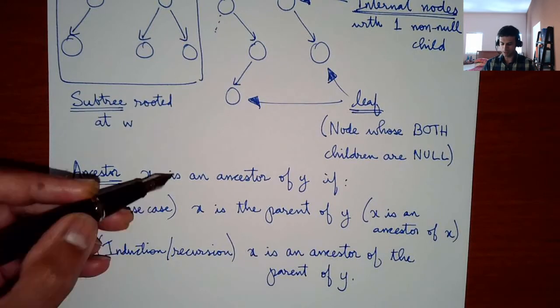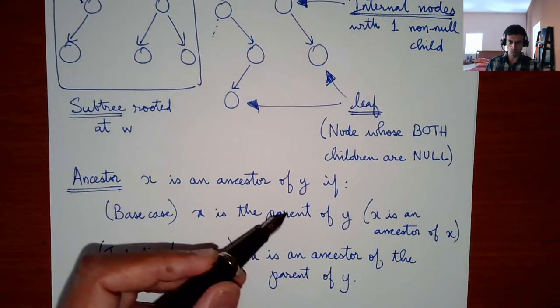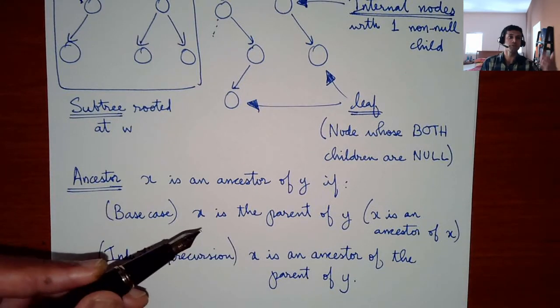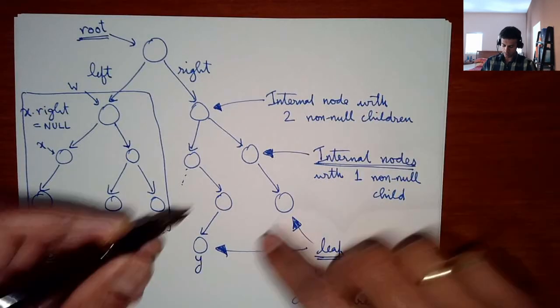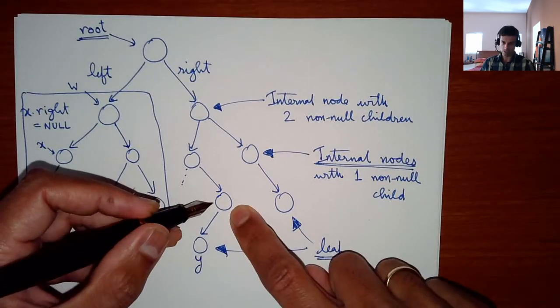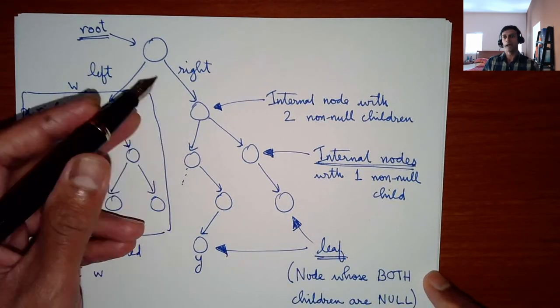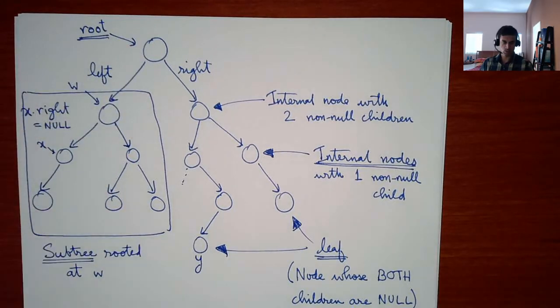So in some sense the definition is recursive because it says X is an ancestor of Y if X is the parent of Y, or X is an ancestor of the parent of Y. So what this means is, let's say this is Y, this is an ancestor, this is also an ancestor, this is an ancestor, and the root is an ancestor. So all nodes in this chain that go all the way to the root are ancestors.